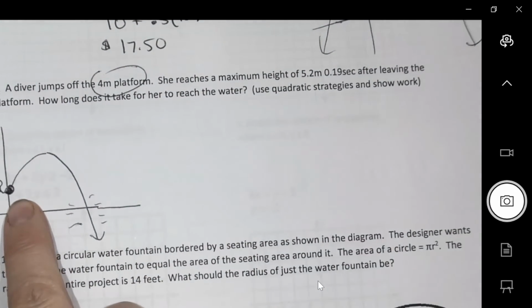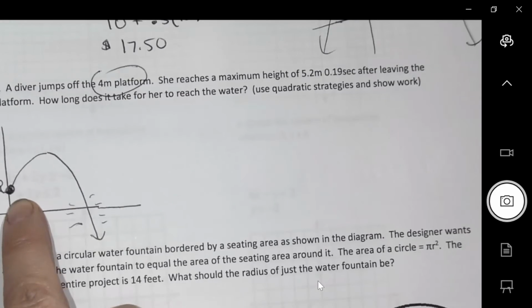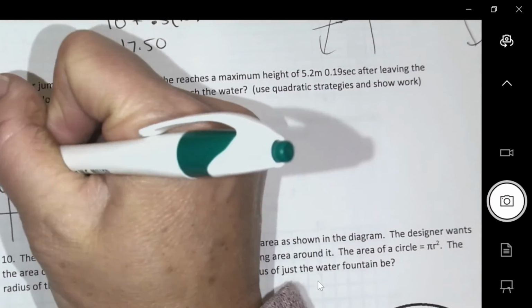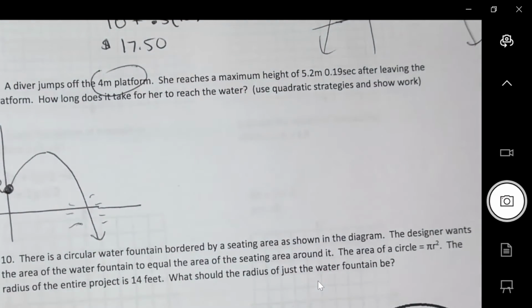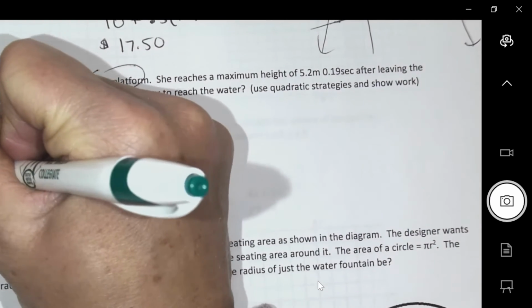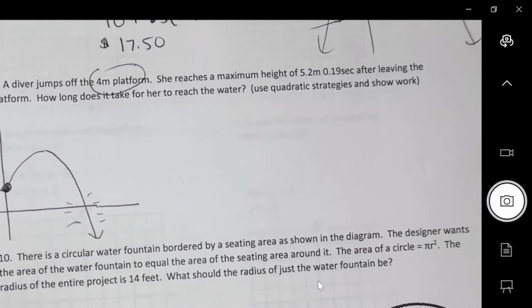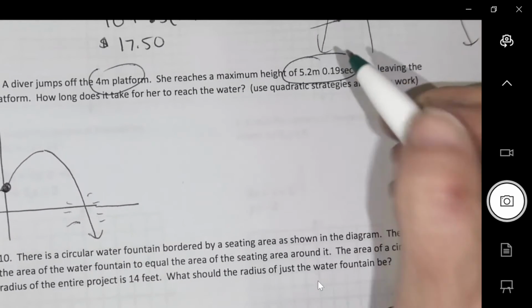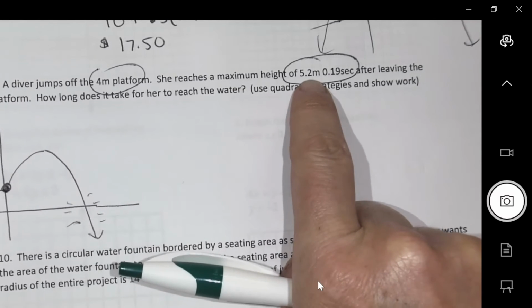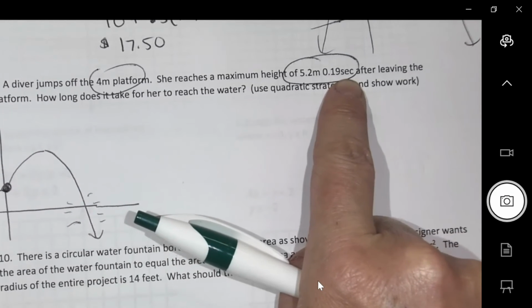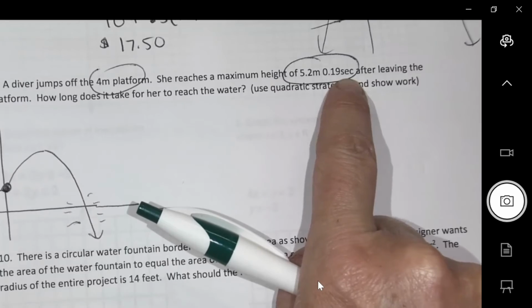how could I label this coordinate? What, comma, what? As in, what's the time and what's the height? Yeah, I heard it, 0, 4. Yep, because the 0 is the time. She reaches a max height of 5.2 meters when you're 0.19 second after leaving.